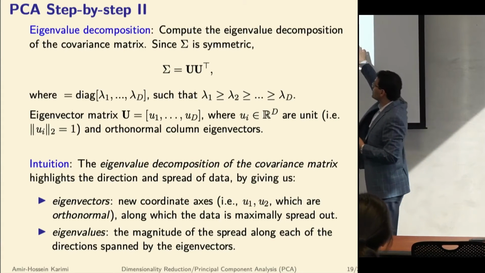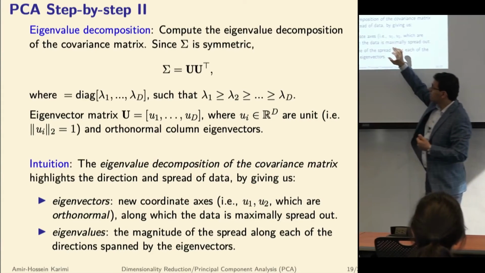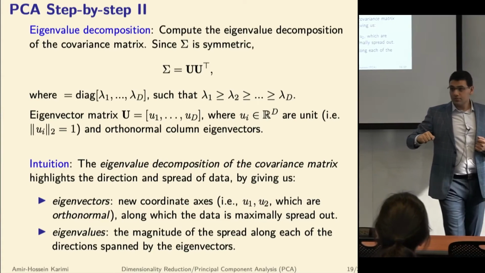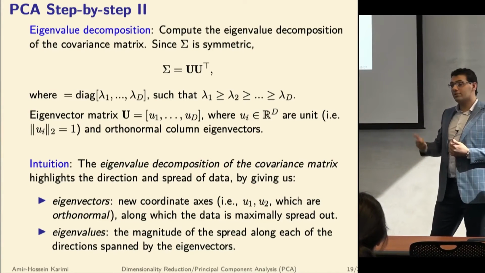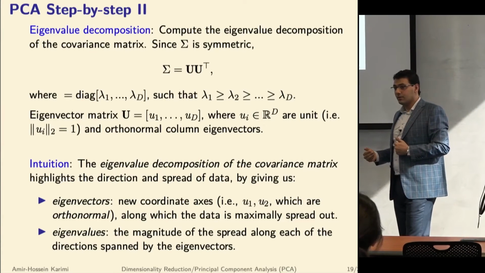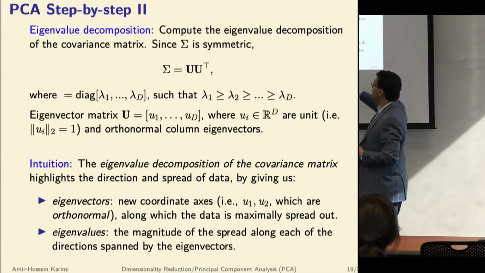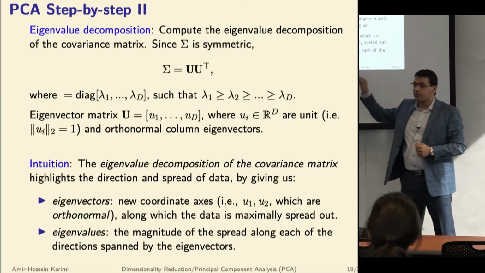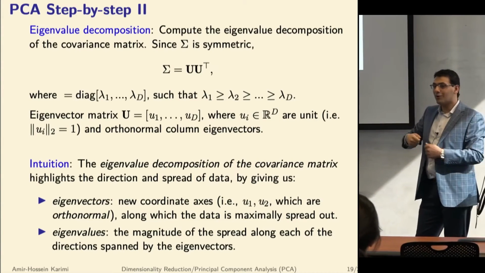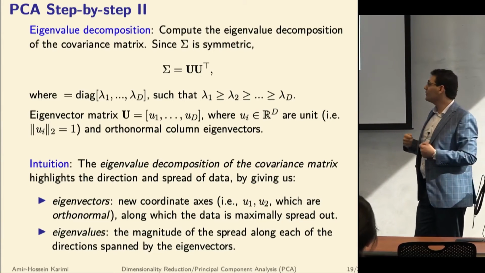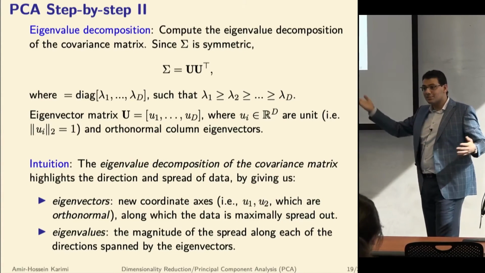So eigendecomposition gives me two things. It gives me eigenvectors, which are vectors that I consider as new bases that point in the direction of variation in the data. And corresponding to each of those vectors, I get what is called an eigenvalue, which intuitively is how much along those directions that are pointed by the eigenvectors does my data vary.